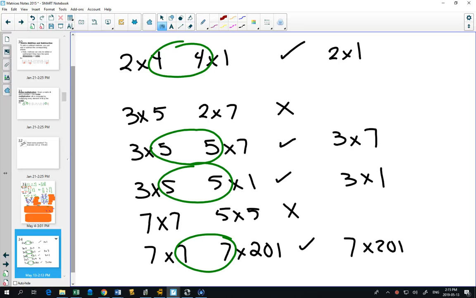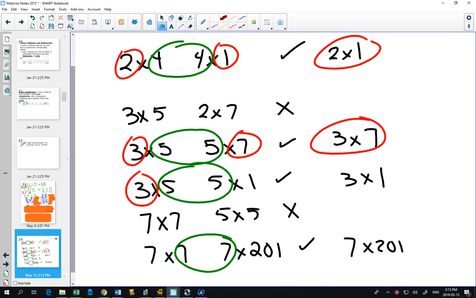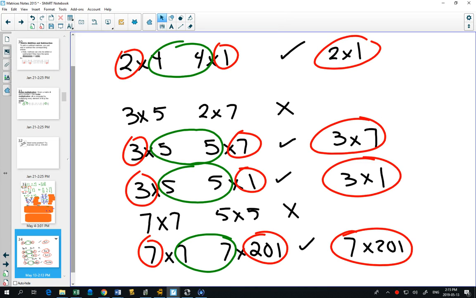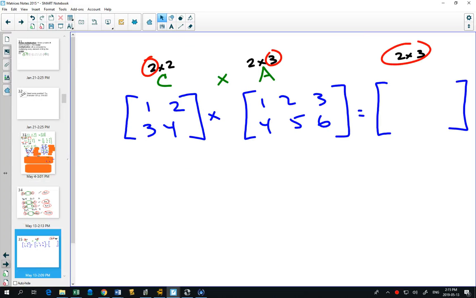And the answer is this size. So now we know when they work and when they don't. The next question is, can you see that this one will work? The inside two numbers are both 2's.